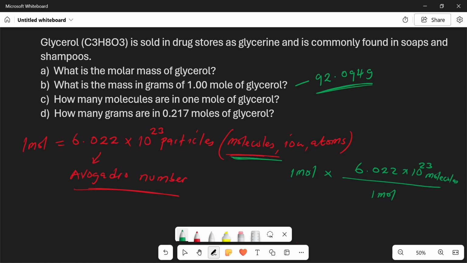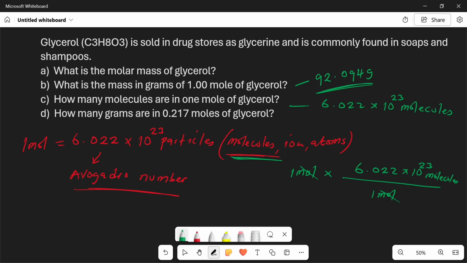The particles we're talking about here are molecules, so we are going to say molecules like that. So mole and mole will cancel, and 1 multiplied by that value gives us the same value. So that's basically our answer for this one: 6.022 times 10 to the power of 23 molecules in 1 mole of glycerol.